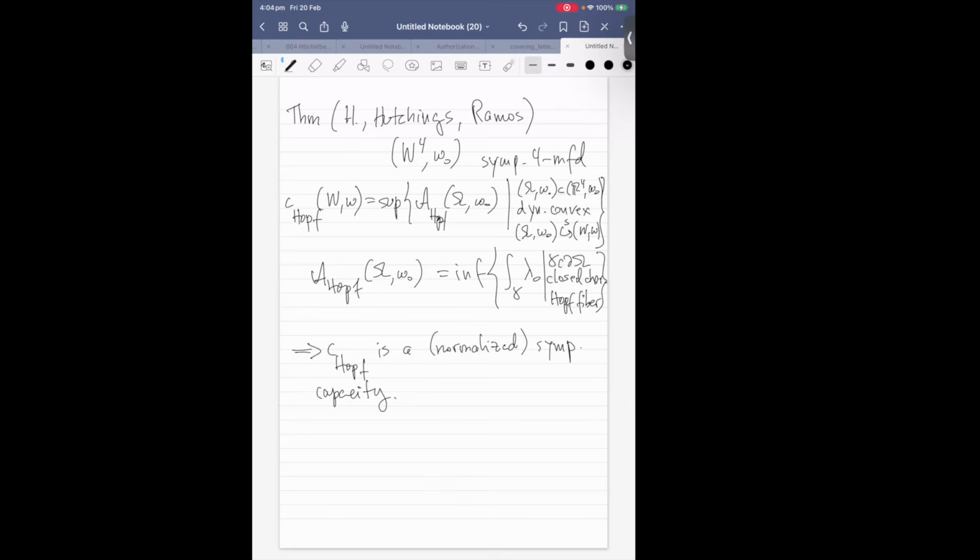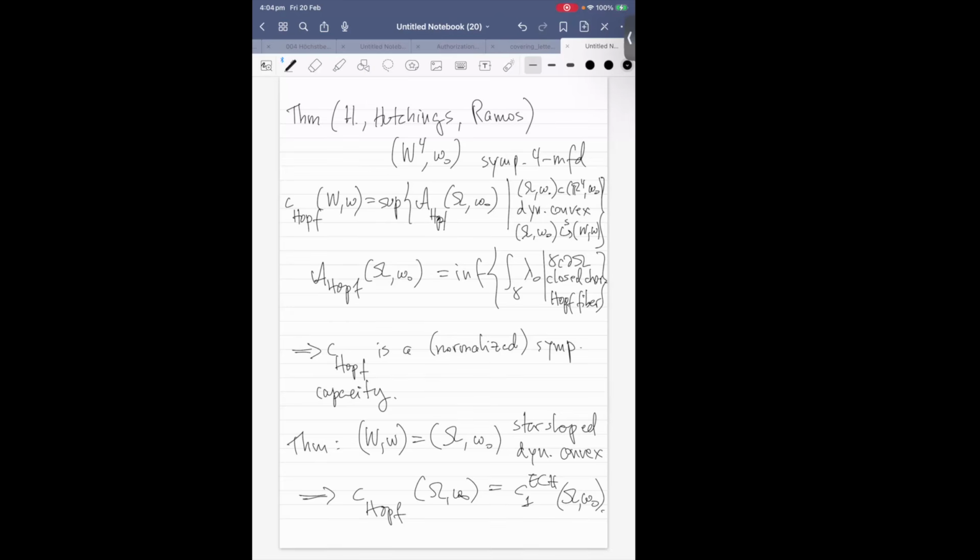Okay. So it seems to be a new symplectic capacity, right? But we can actually prove also that if the symplectic four manifold is actually equal to our star-shaped domain and dynamically convex, then C Hopf is equal to C1 ECH, the first ECH capacity.